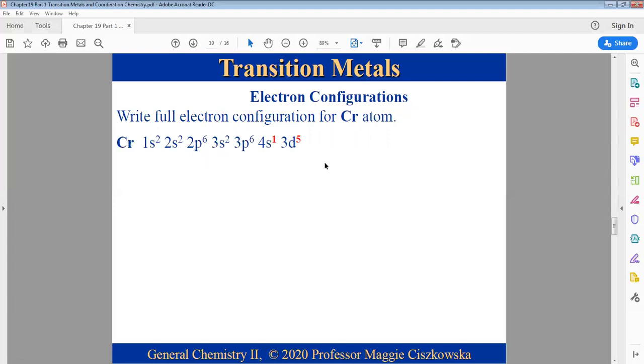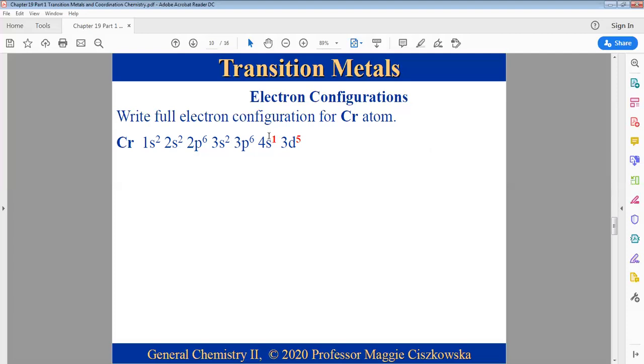But you probably remember from General Chemistry 1 that this is one of the exceptions, because 5 electrons on orbitals d means that there will be 1 electron on each orbital d. There are 5 d orbitals for each main quantum number. So this is a very preferred configuration.